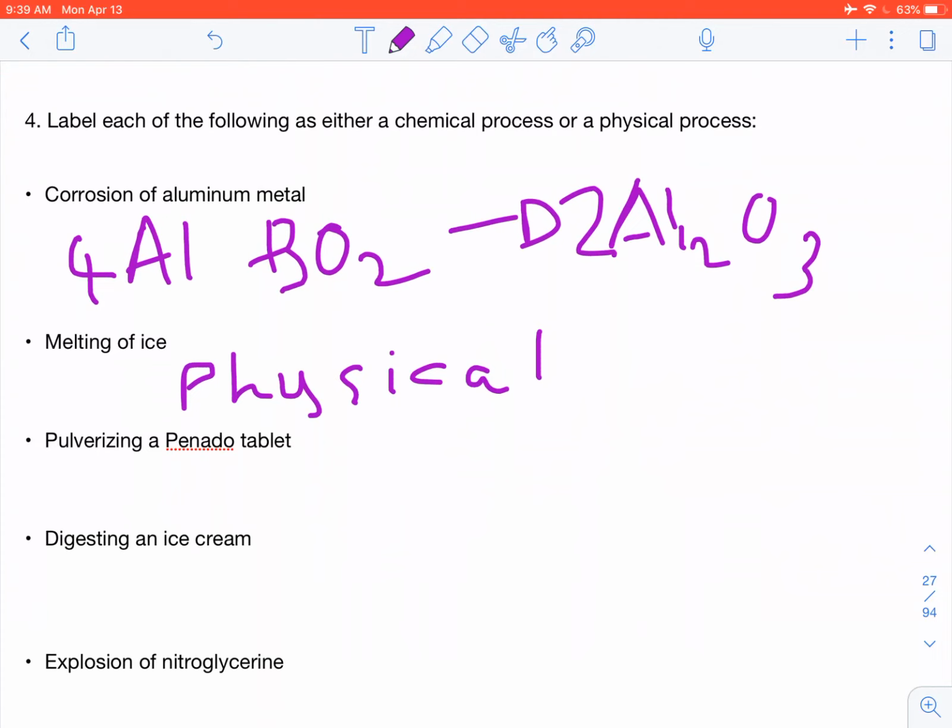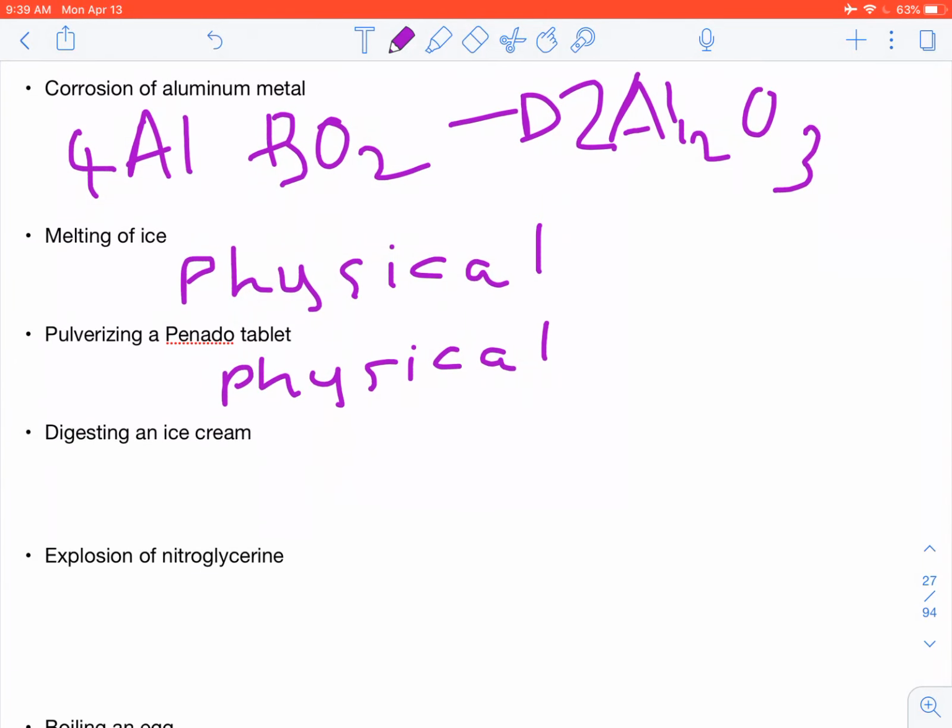Pulverizing a Panado tablet. Pulverizing means making it into a powder, so it's physical. Digesting ice cream. Let's say ice cream has sugar in it, and that would be a chemical process, because you've got carbohydrates and all that.